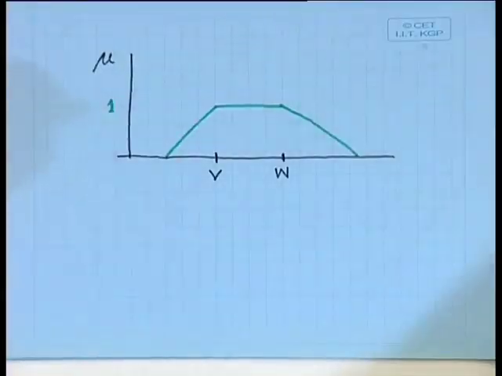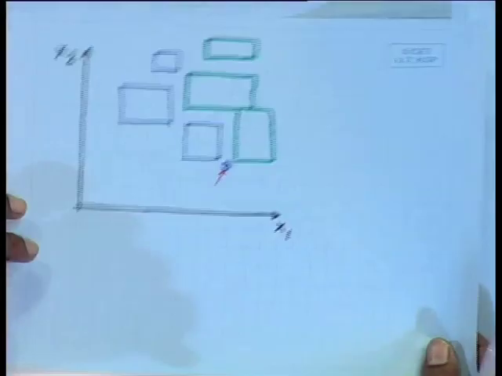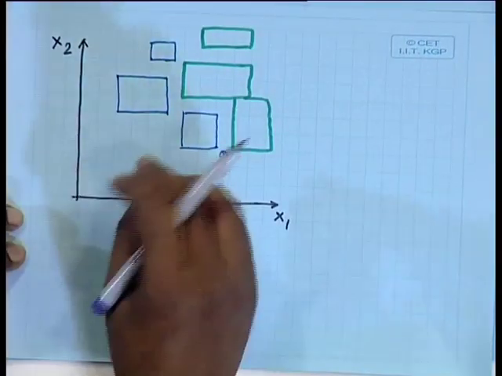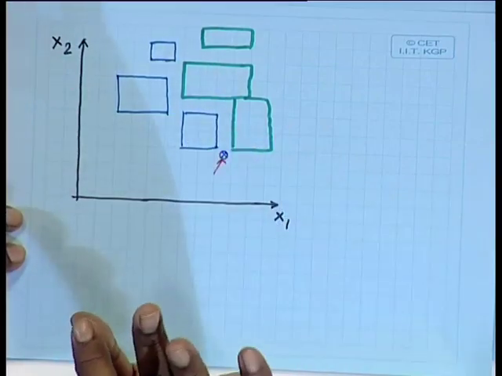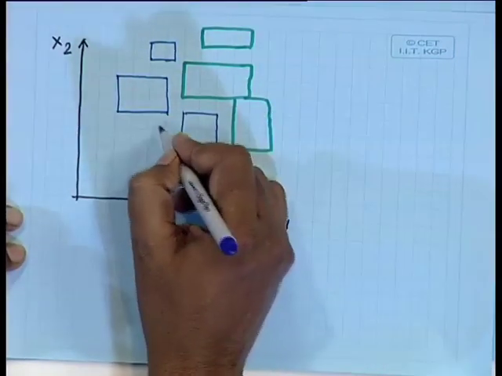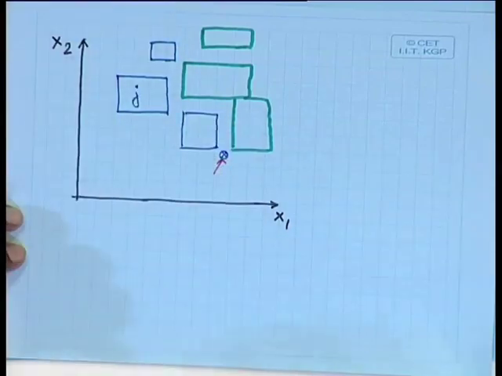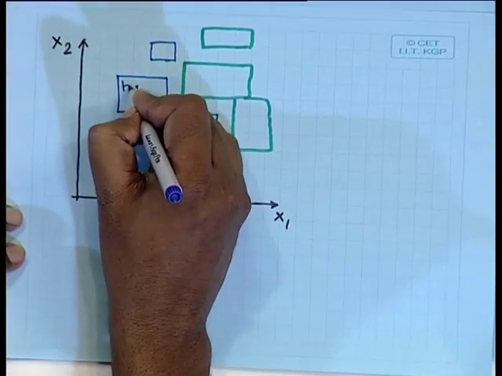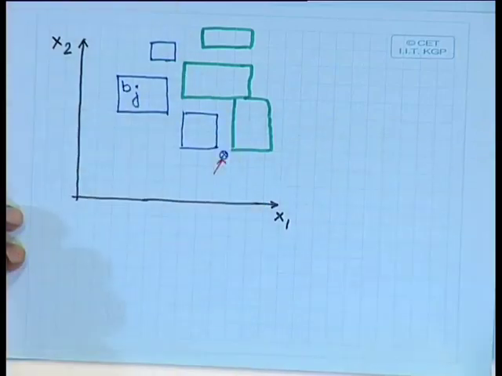So, if I define a function like this, as I have multiple hyperboxes, I have to identify which hyperbox it is. So, suppose I consider a jth hyperbox, and the membership function value that will be computed by this jth hyperbox is represented by bj.